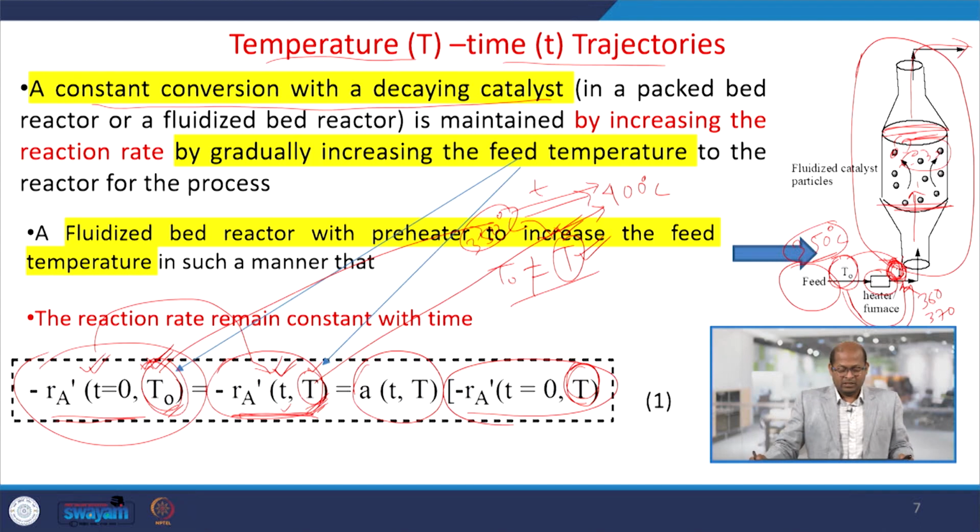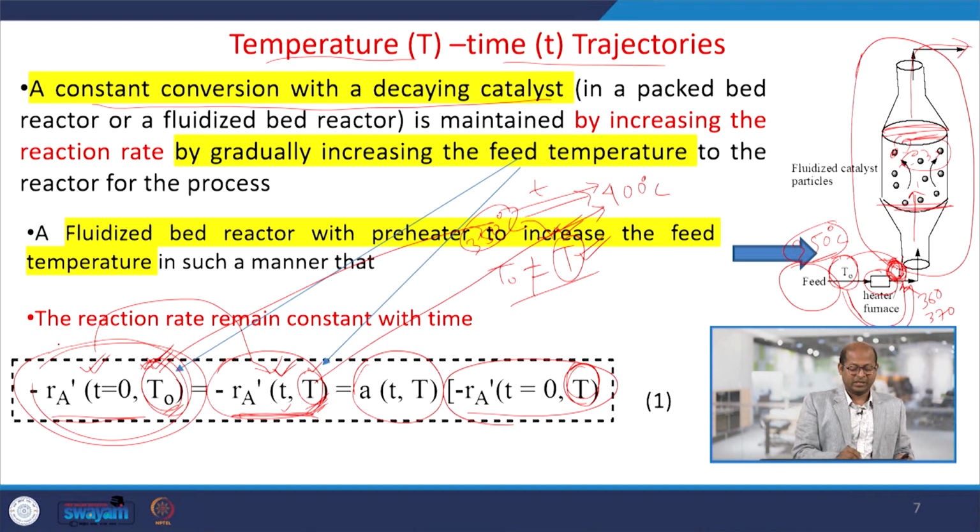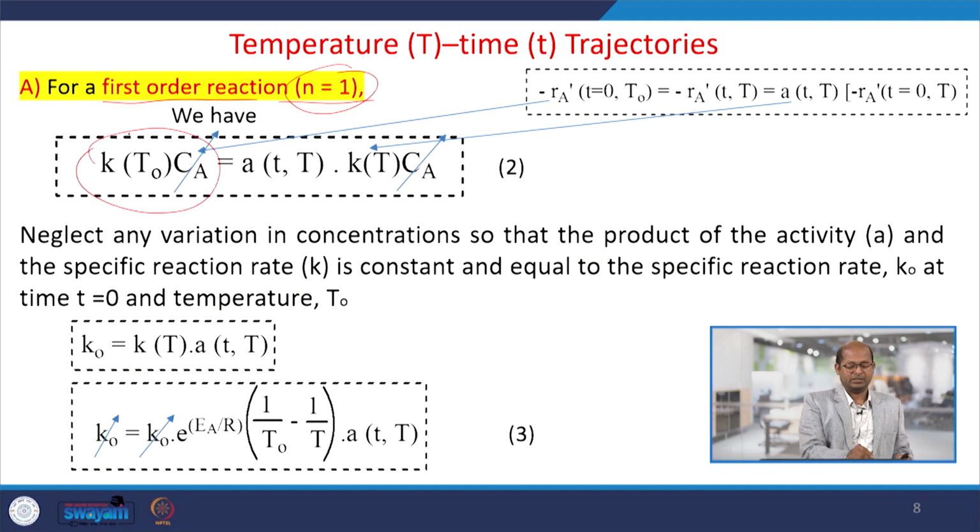Okay. So, here let us say for the first order reactions, if we consider a first order reaction, this is the rate we can write this way: k0 at T0 into Ca.